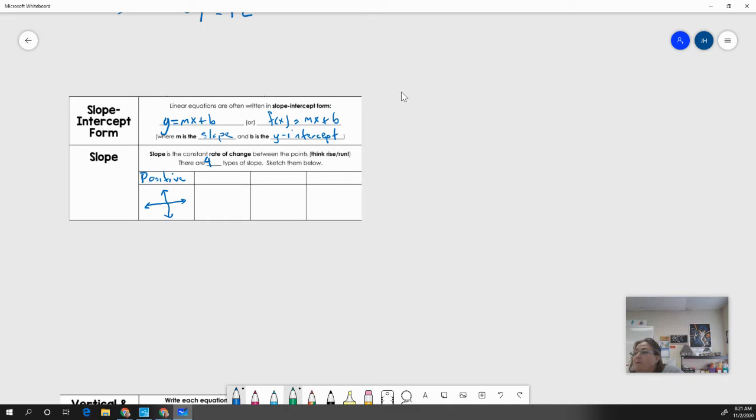Positive slope goes up from left to right, right? Then we've got a negative slope. Positive slope goes up from left to right. You could imagine that a negative slope would go down from left to right, correct?